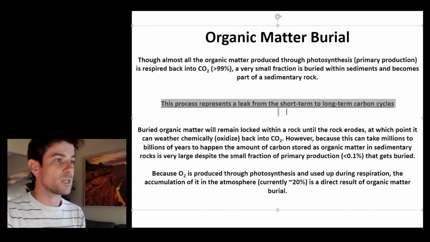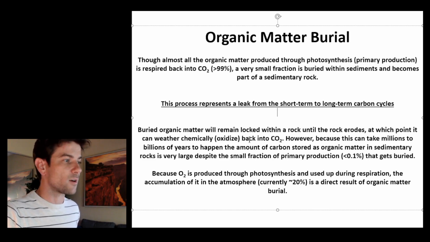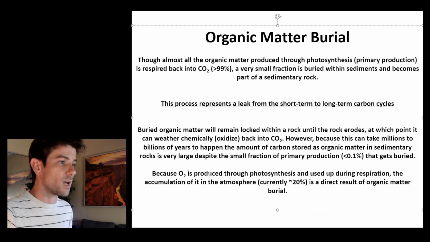This process represents a leak from the short-term to long-term carbon cycle, right? And so just like those carbonate minerals, that organic material is going to remain locked in there until it's somehow weathered chemically. If it's uplifted, it would be oxidized back to CO2, or it could more likely be subducted and volatilized in one way or another.